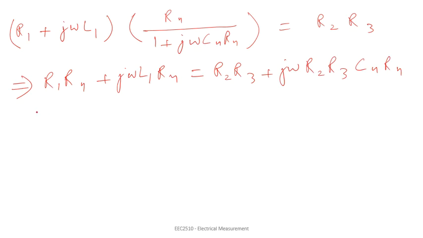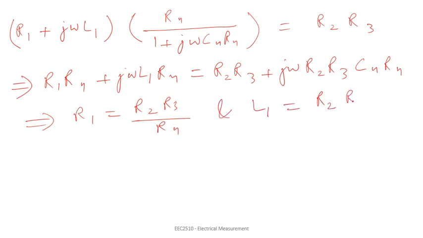Again by separating the real and imaginary terms, you can get the value of R1 as R2 R3 over R4, and L1 as R2 R3 C4. That means we can have two variables, R4 and C4.